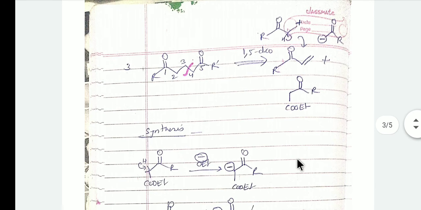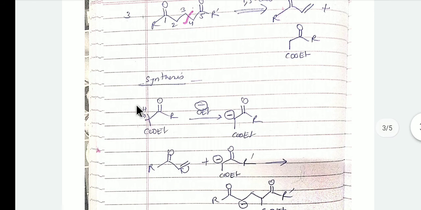And for the generation of this negative synthon we employ this type of synthetic equivalent. So this synthetic equivalent is used for the generation of this synthon, and this synthetic equivalent is used for the generation of this synthon. Now, starting from the synthetic equivalents, we can easily get our target molecule.